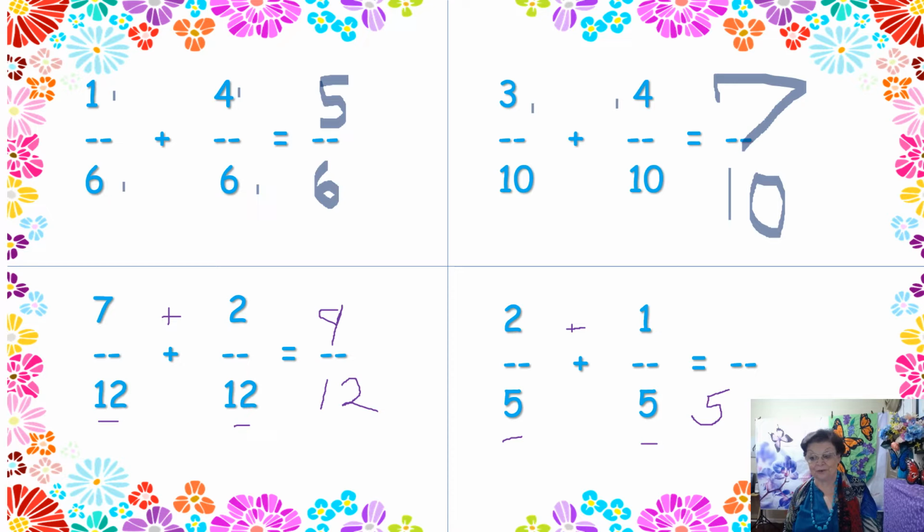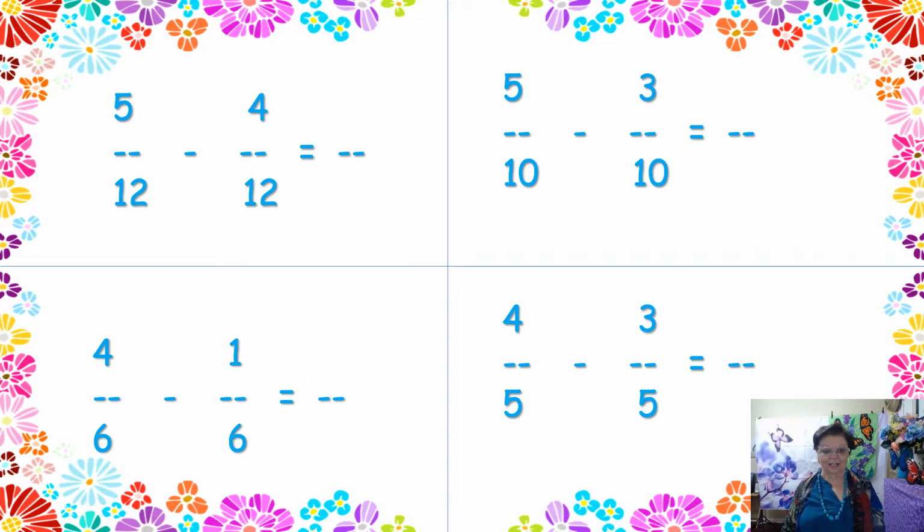What's our new numerator going to be? Correct. 2 plus 1 is 3. So our answer, 2/5 plus 1/5 is 3/5. Done and done. Fractions are sort of easy.